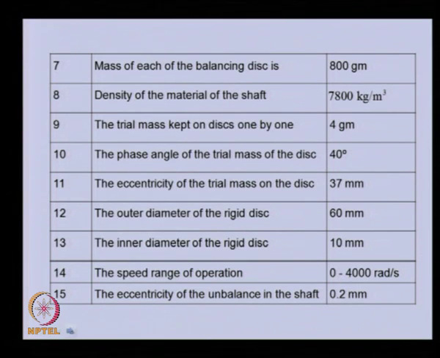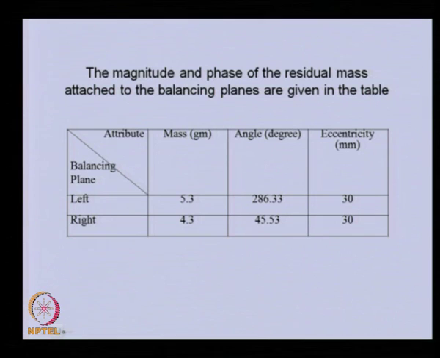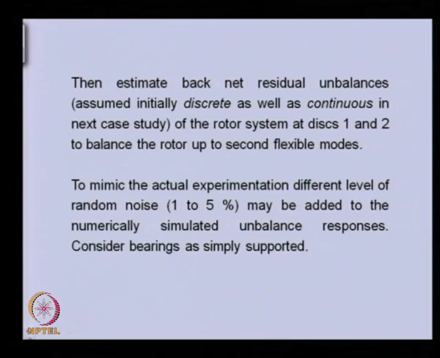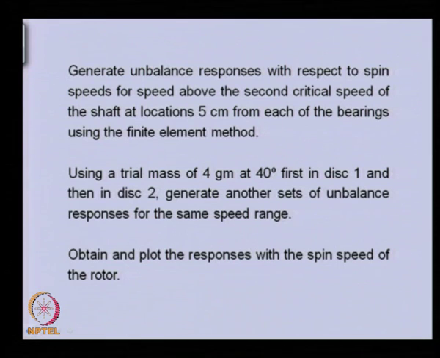So, there are two different things. This is the residual unbalance basically, and we have two planes, left plane and right plane. The mass in grams of the residual unbalance is given here, their orientation is given, and the eccentricity is given here. Now, apart from this, some more information regarding the simulation.